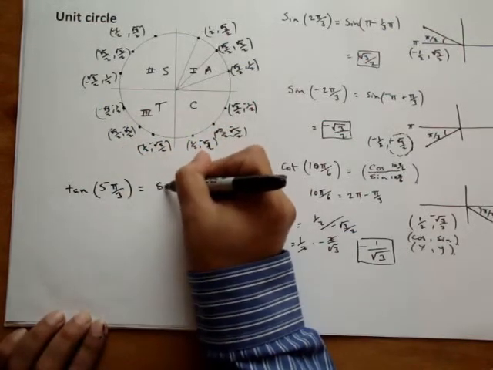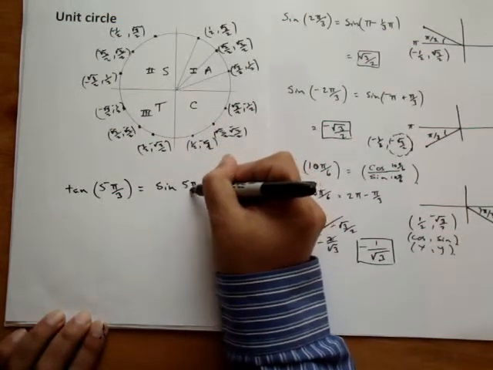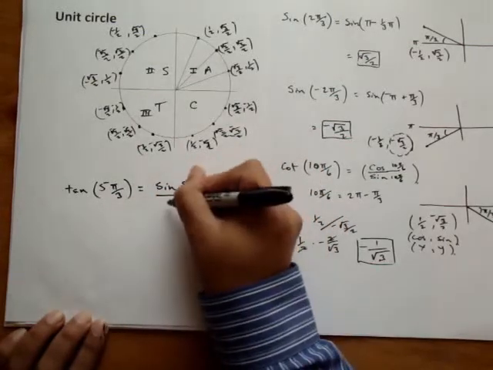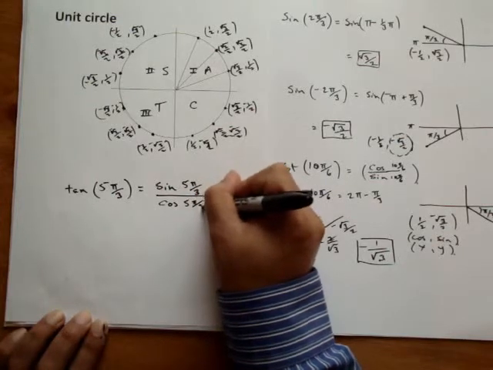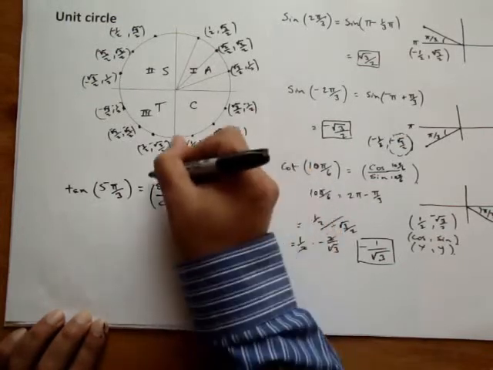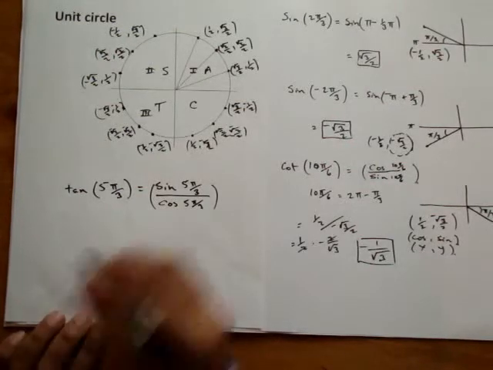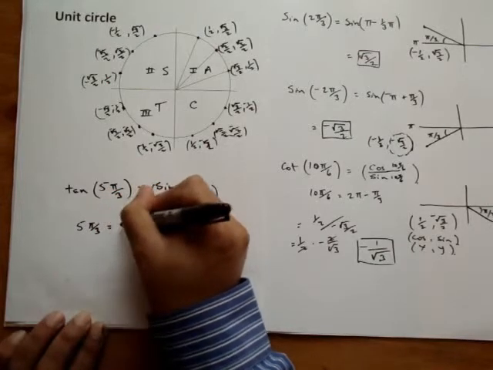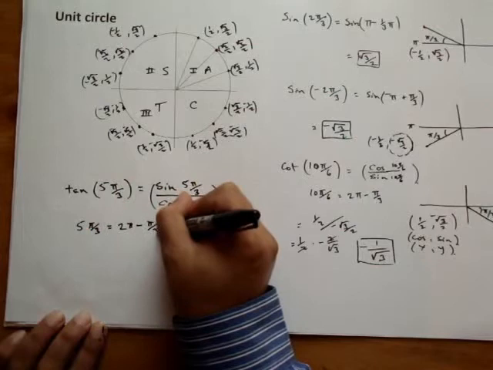This is sine 5 pi over 3 divided by cos 5 pi over 3. Five pi over 3 is 2 pi minus pi over 3.